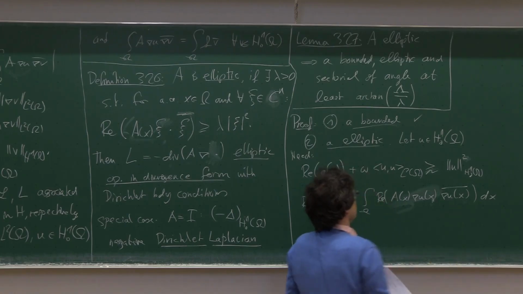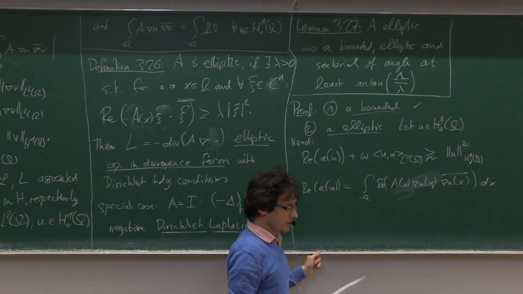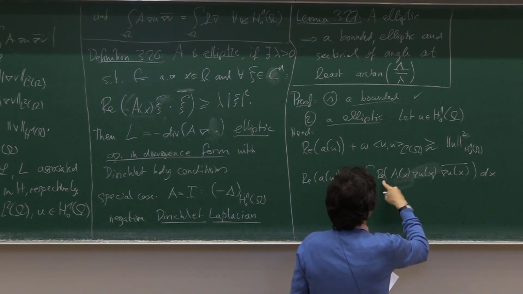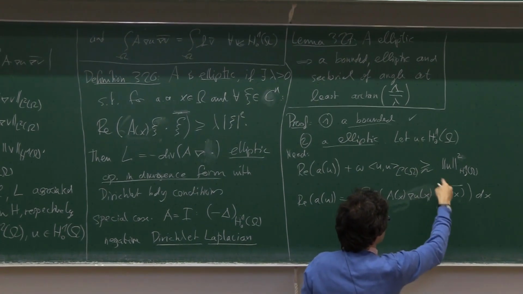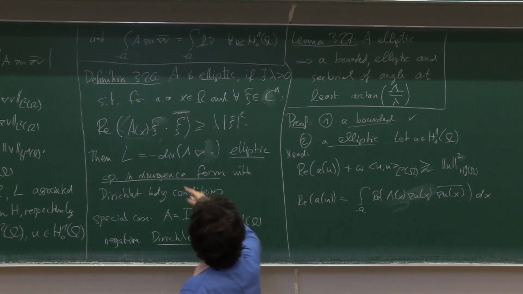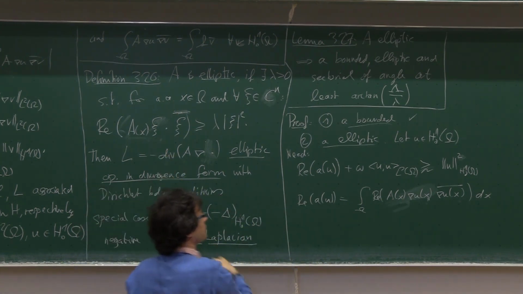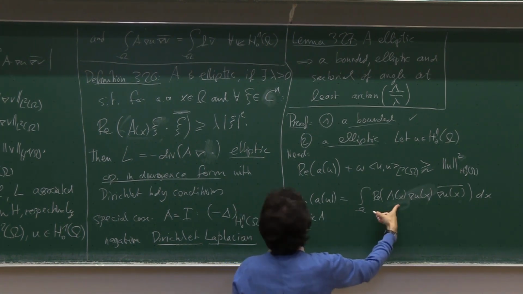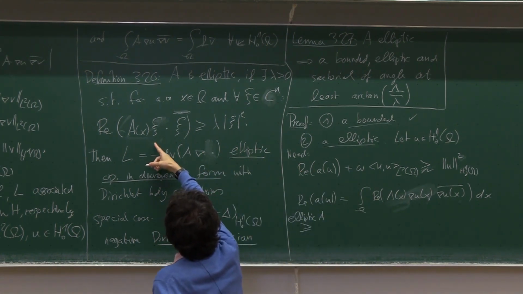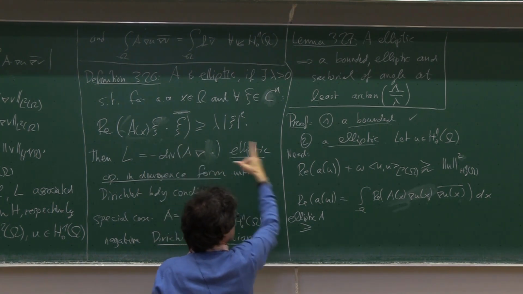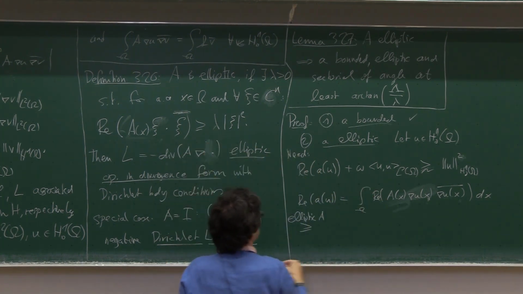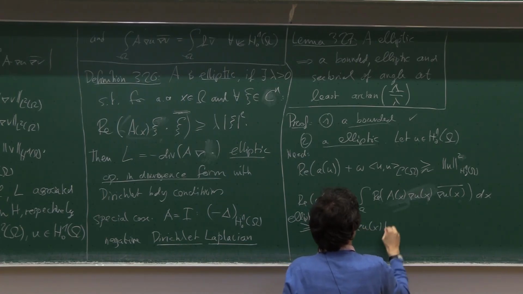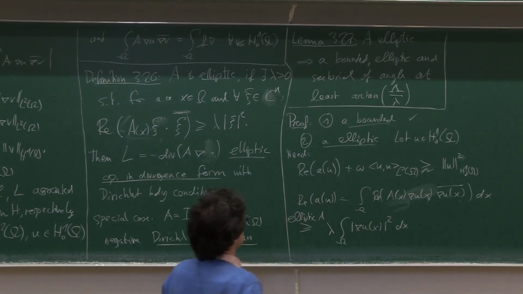Now this gives you just the modulus of gradient of u. And so first thing, the real part of A times psi bar, this is exactly what we have here. So by ellipticity of A, we can estimate the integrand by small lambda times gradient of u squared dx.